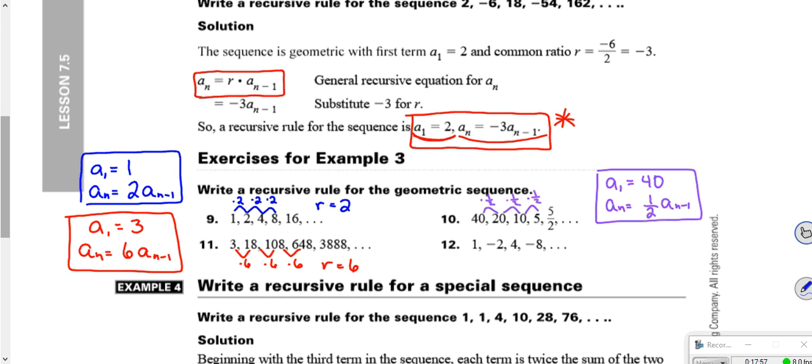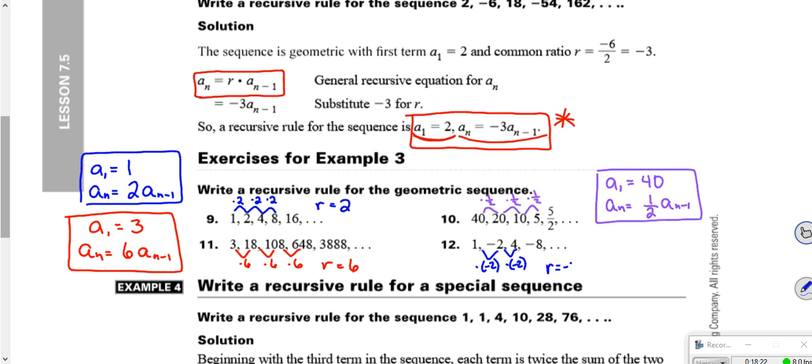And then last one. Now, we've talked about this before, and we've had an example of it right above, but where your signs alternate, your ratio is going to be negative, because remember, negative times negative gives you positive, positive times negative gives you negative. So this looks like we're doing times -2 times -2.